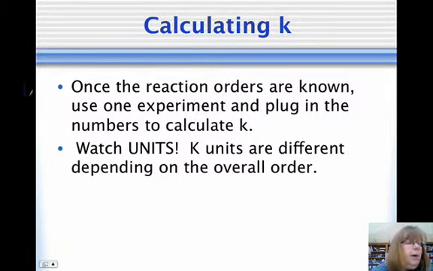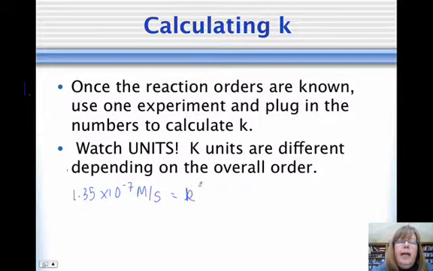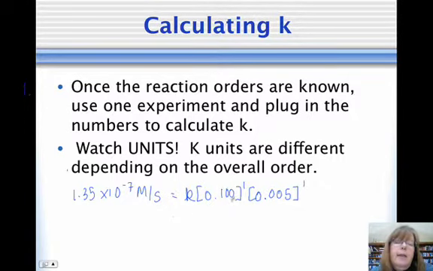I've got 1.35 times 10 to the negative 7th. That's molars per second. That is my rate. It's equal to K. And from experiment 1, my ammonium concentration was 0.1 raised to the first power. You don't even have to write a 1. If there's nothing there, it's understood to be a 1. And 0.005 to the first power. Now, solving this for K, remember these square brackets mean molar.